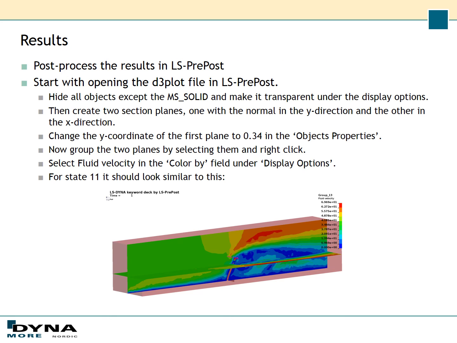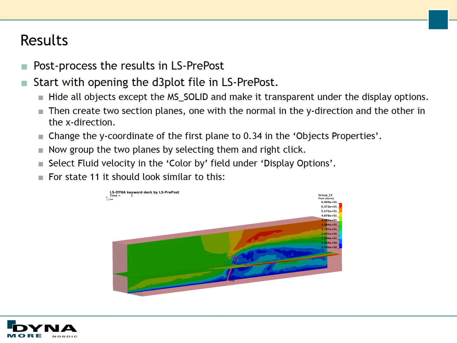To post-process the result, open the ddplot file in LS-PrePost, and then hide all objects except the MS Solid, and make it transparent in the display options in the MS Post window.